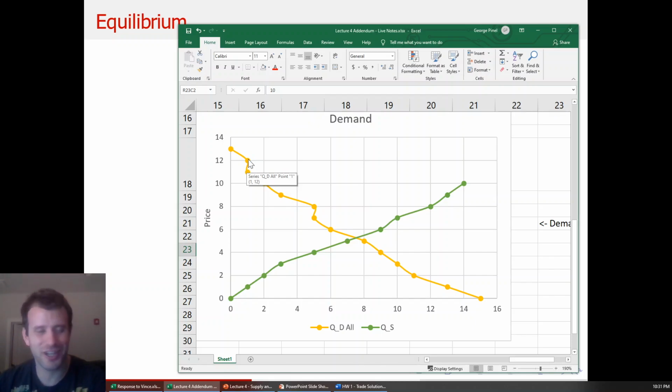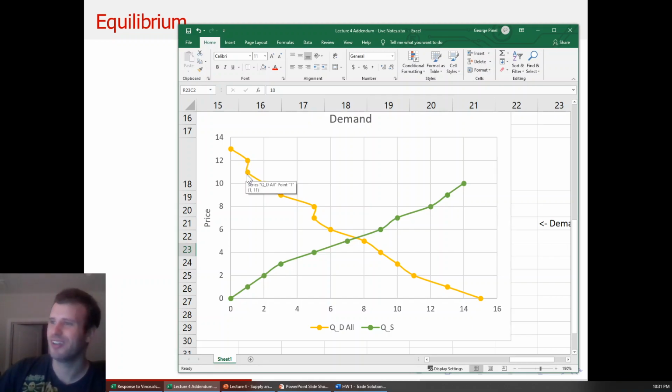So you've got one guy who's really willing to pay $12 for one hot dog. But after that, it takes a little bit for the next guy to want to come in, and then the next guy will come in if the price drops a little more, and the next guy if the price drops a little more, et cetera.